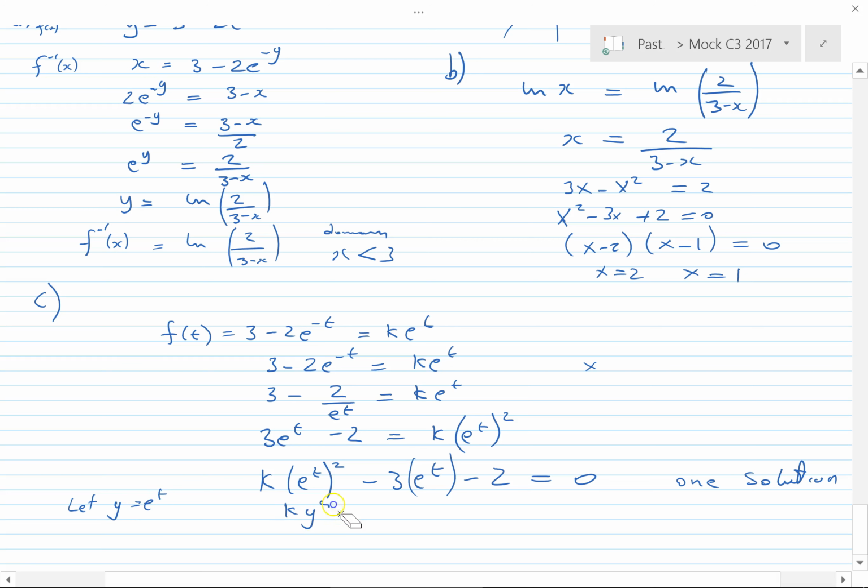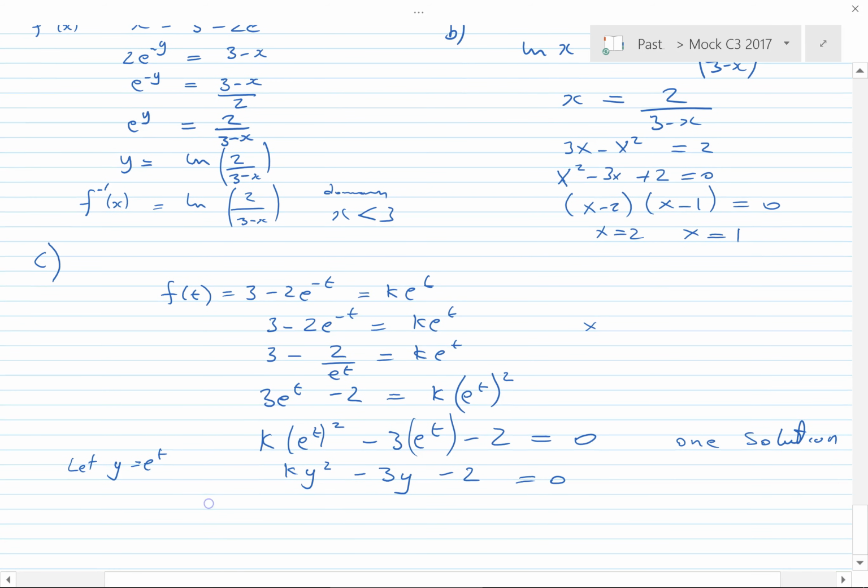And again, the e function, for those who are worried about it, is one-to-one as well, so there's no confusion about that. So if this has only got one solution, so has this only got one solution, because, as I say, e to the t is one-to-one.